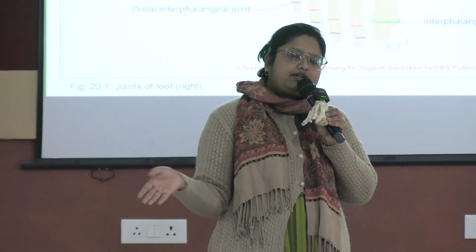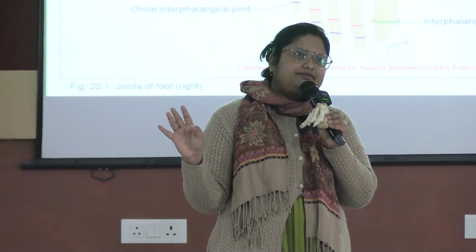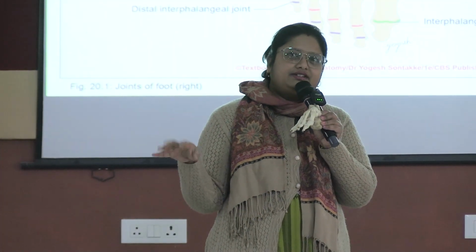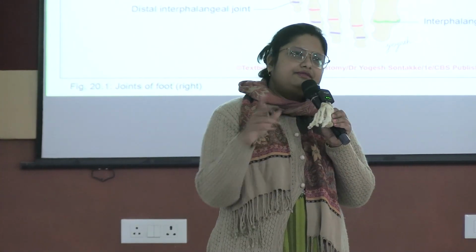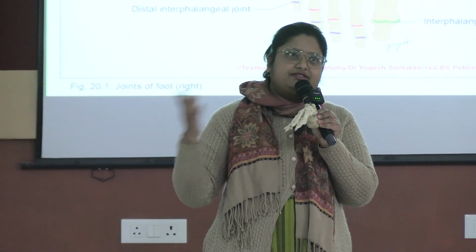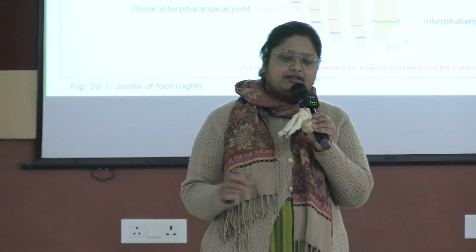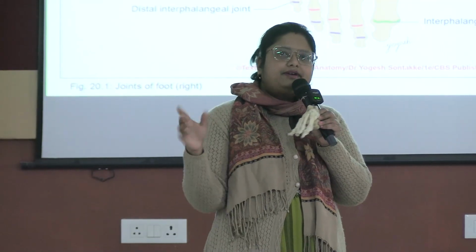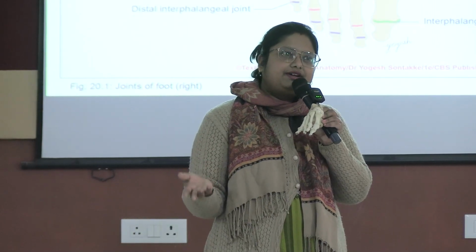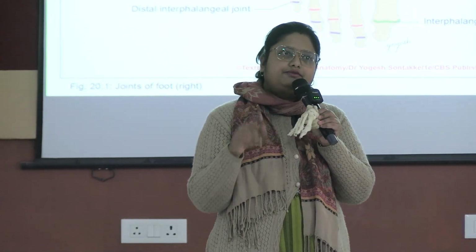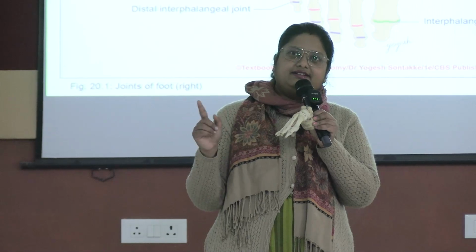Around this axis, adduction and abduction mainly occur. For inversion and eversion, another axis is present, the oblique axis, which we will discuss. Remember, for the hand the axis passes through the middle finger, but for the foot the axis passes through the second metatarsal.